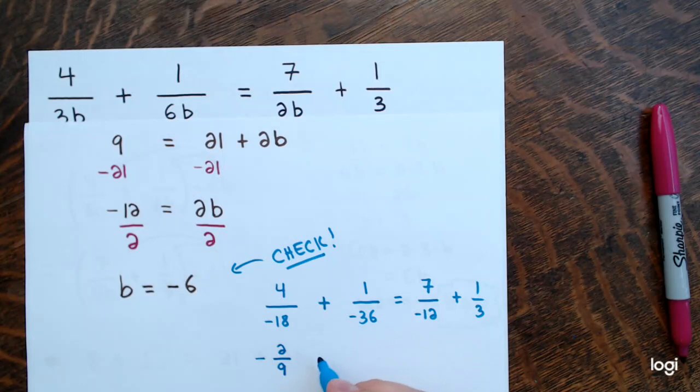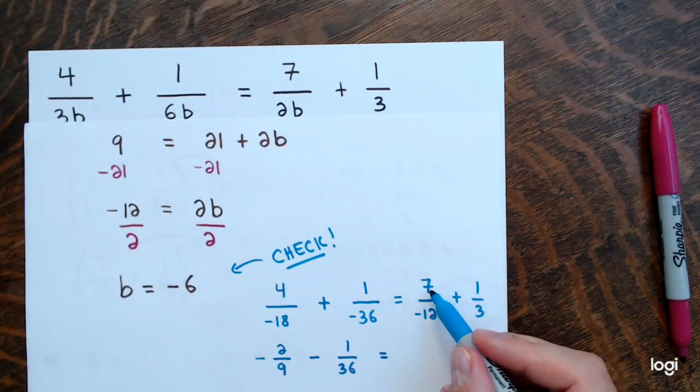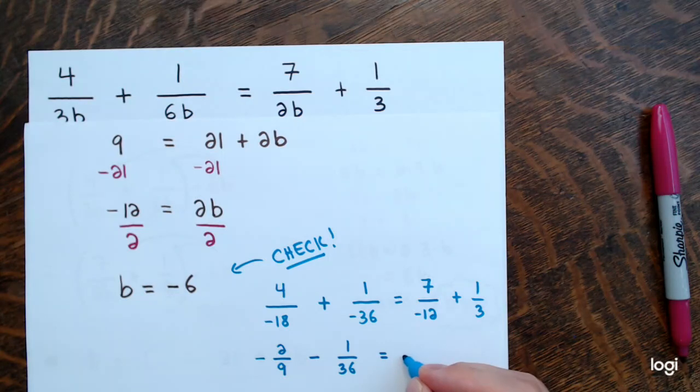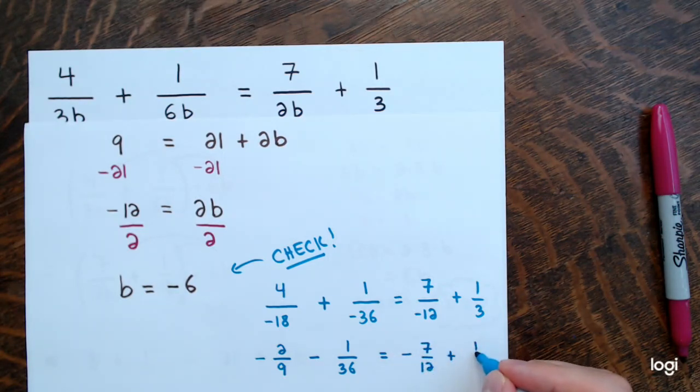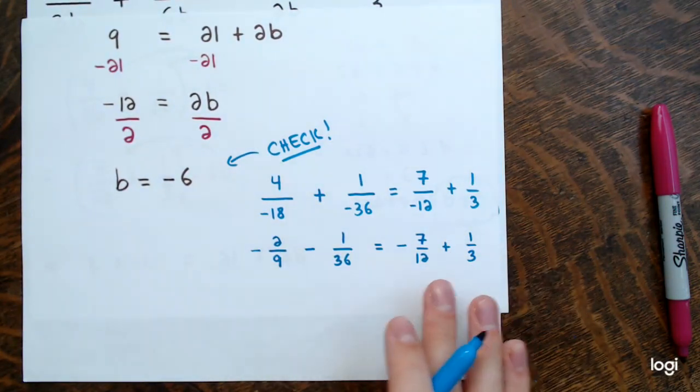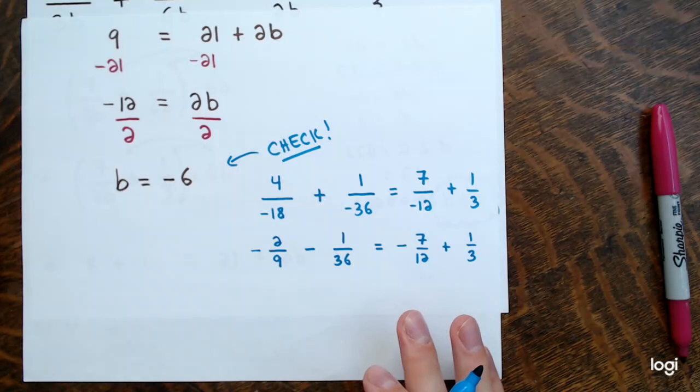So plus a negative, that's minus 1/36 equals, and then over here again another negative number, and there's no common factor with 7 and 12, so that's negative 7/12 plus 1/3. All right, and then let me simplify these. You still maybe don't see it yet. Are these indeed equal?